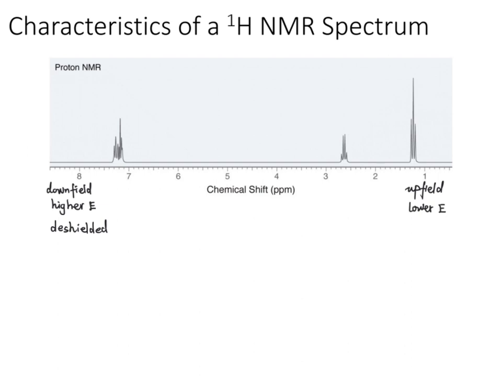If it's deshielded, there are fewer electrons. Because electrons spin, with less electron density there, more magnetic field acts on the proton, because it needs more energy right there.